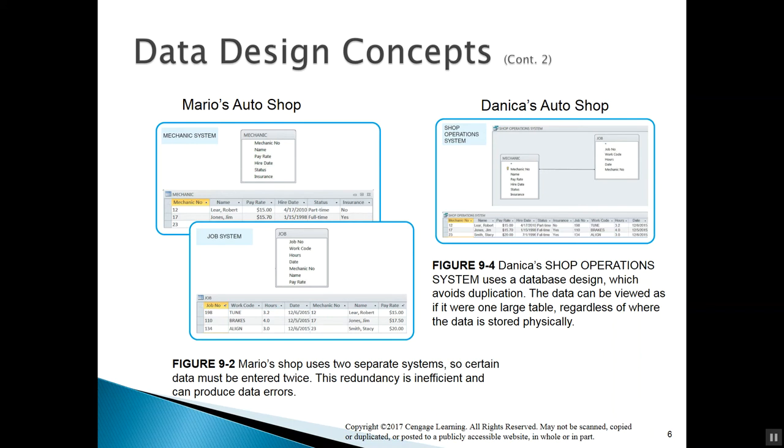That is what we call a unique identifier, or a primary key for that table. Now this allows us to keep each record separate and distinct from other records. So mechanic 12, anything I want to find out about mechanic 12 would be associated with that unique identifier. That way I'm not confusing data about Robert Lear with data about Jim Jones, because they have that unique identifier.